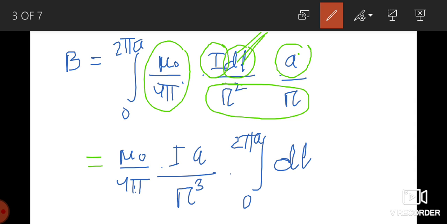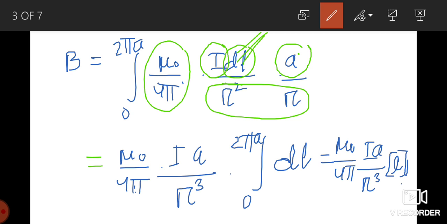Then integrating, we get mu 0 by 4 pi, I a by r cube. Integrating dl we get l, from 0 to 2 pi a.